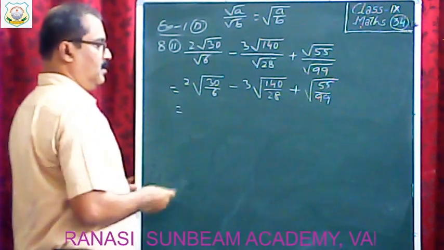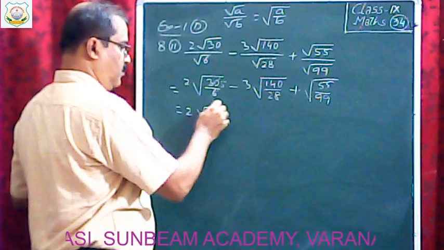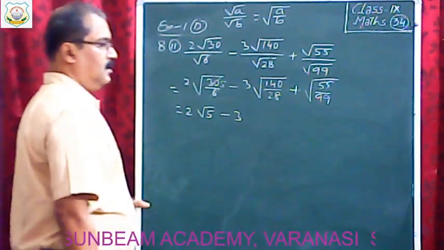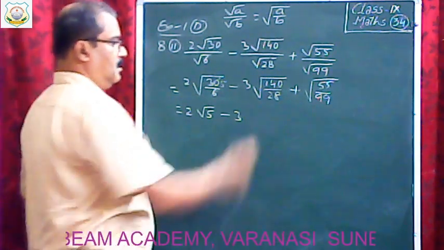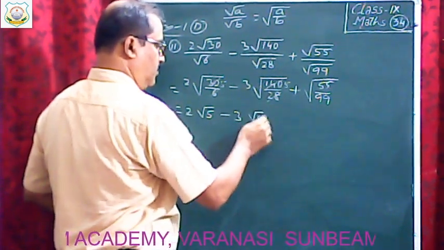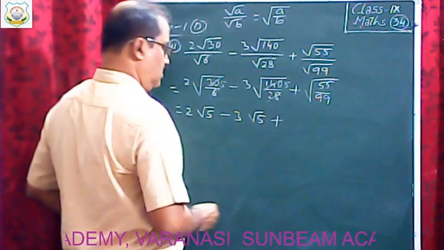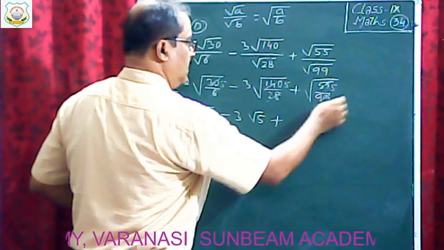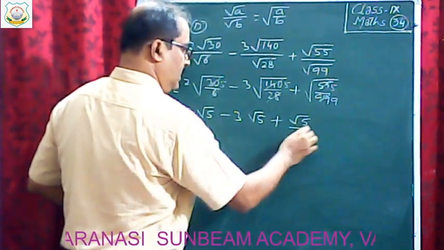Now thereafter you have to divide. 30 divided by 6 is 5, so square root 5. 140 divided by 28 is 5, so 3 square root 5. And plus 55 divided by 11 is 5, 99 divided by 11 is 9, so square root 5 and square root of 9 is 3.